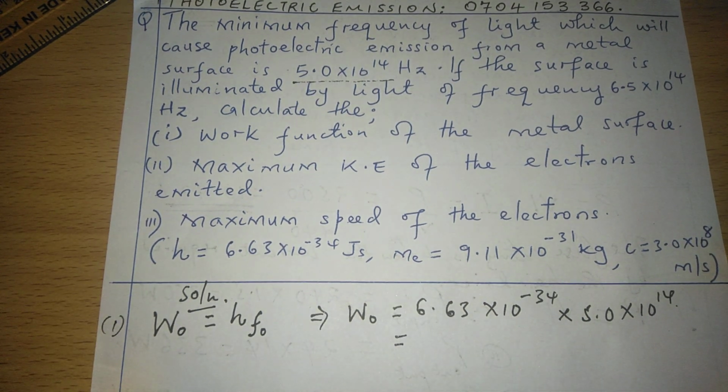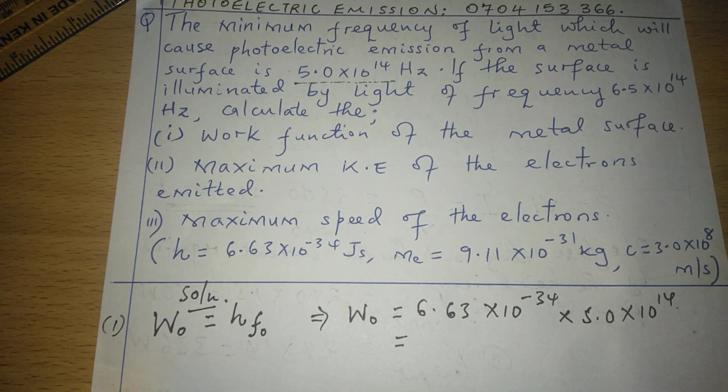So we take 6.63 times 10 to the power of negative 34, then we multiply by 5 times 10 to the power of positive 14.